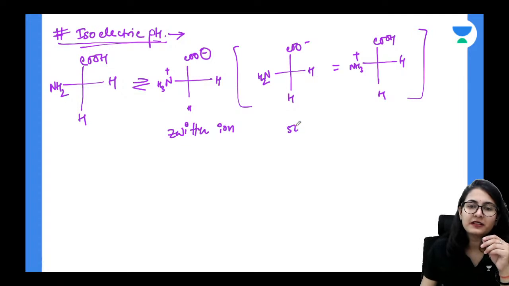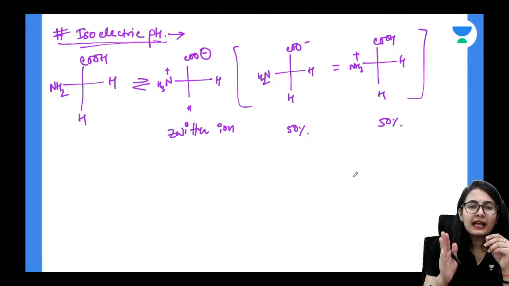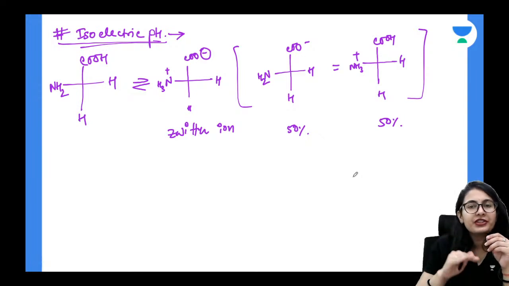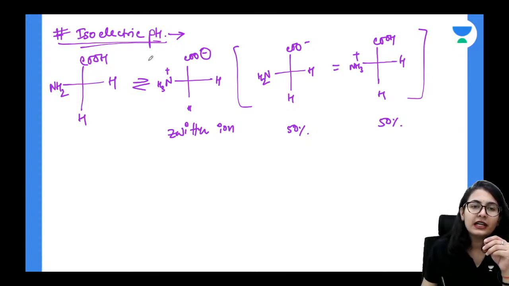If you are having 50% of this species and 50% of this species, the total charge is cancelled, right? Plus and minus. Okay. So isoelectric pH is where you are getting the charge neutralized of the amino acid. Okay. Yes. तो ये होता है concept of isoelectric pH.